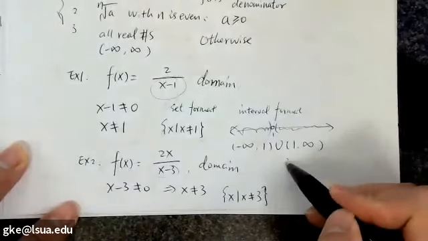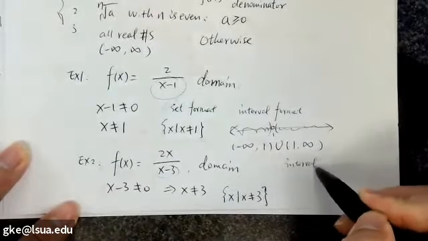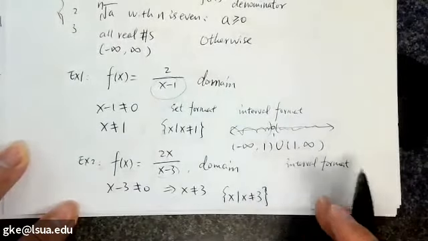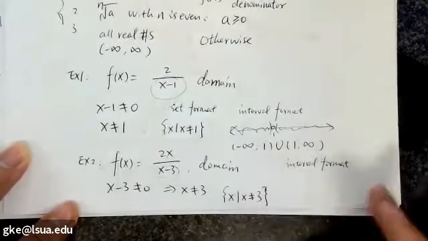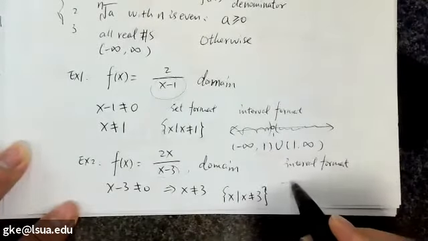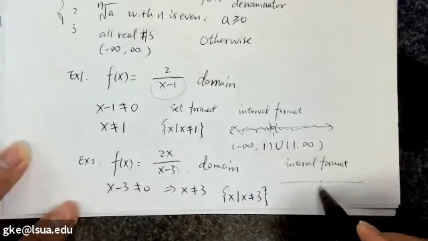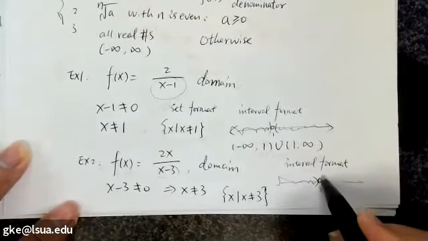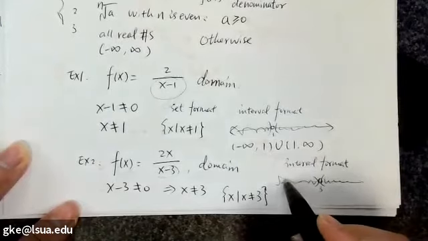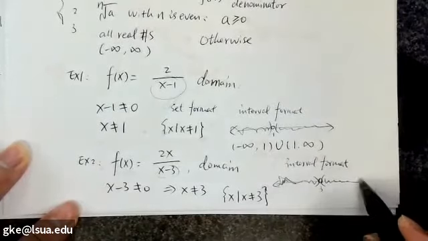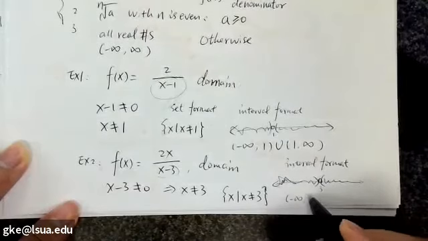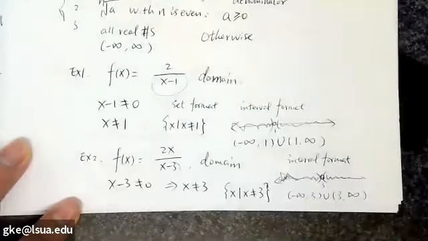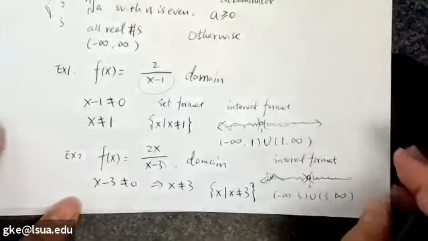And the interval format on your my math lab, you can draw your picture, right? 3 is a circle. So there are two parts: negative infinity to 3, union 3 to infinity, right?